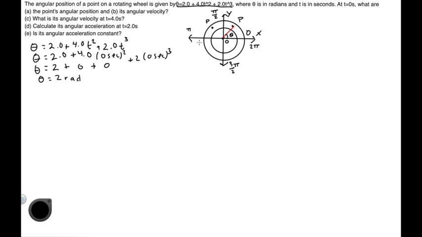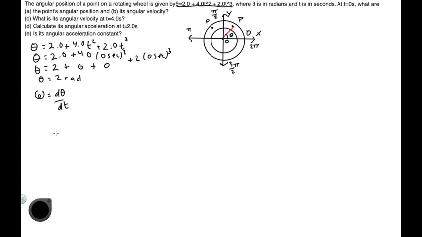Since we want to find its angular velocity at a certain instant, t equals 0 seconds, we have to use the formula for instantaneous angular velocity. The formula is that angular velocity, omega, is equal to the derivative of theta with respect to time.